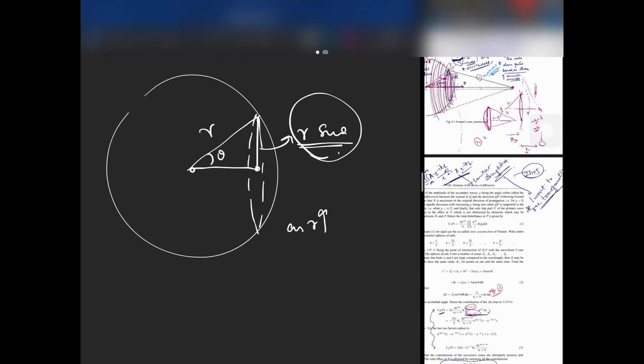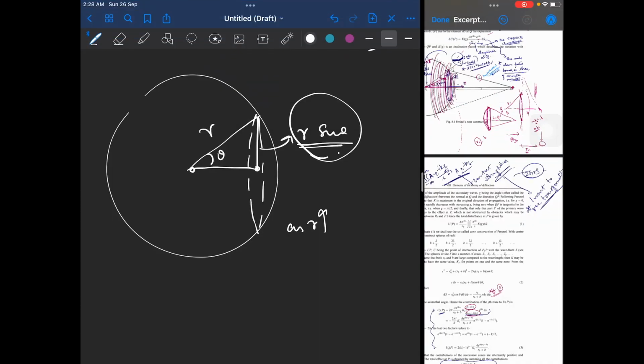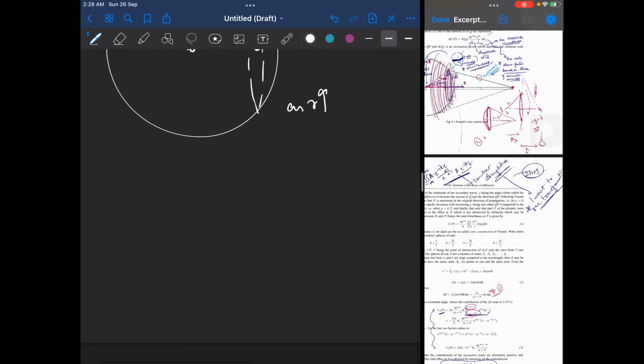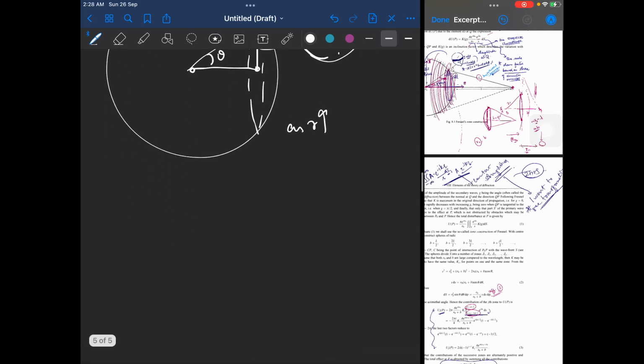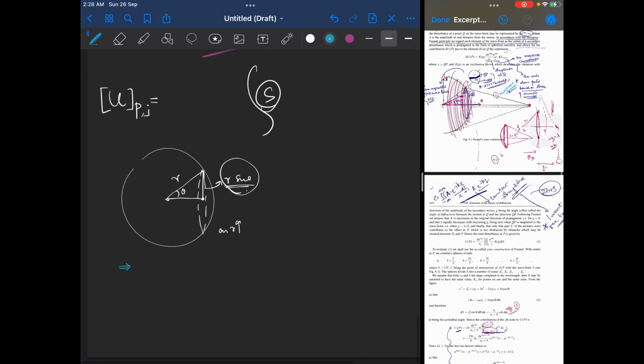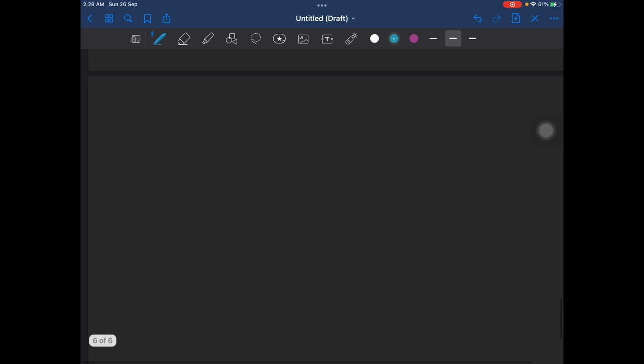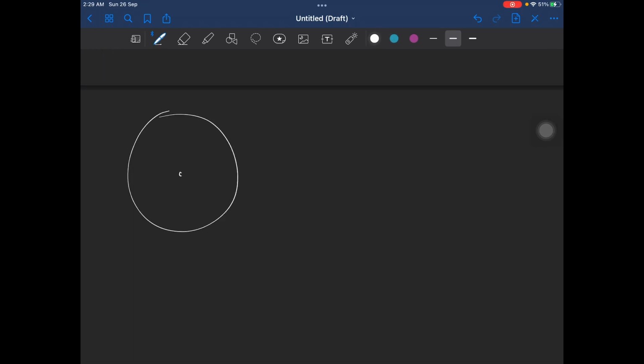What I understand is this. He has constructed zones for a reason. These zones are cool.